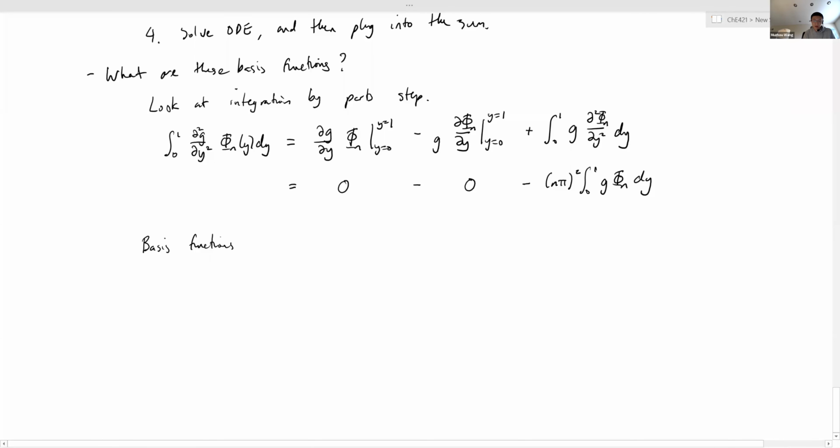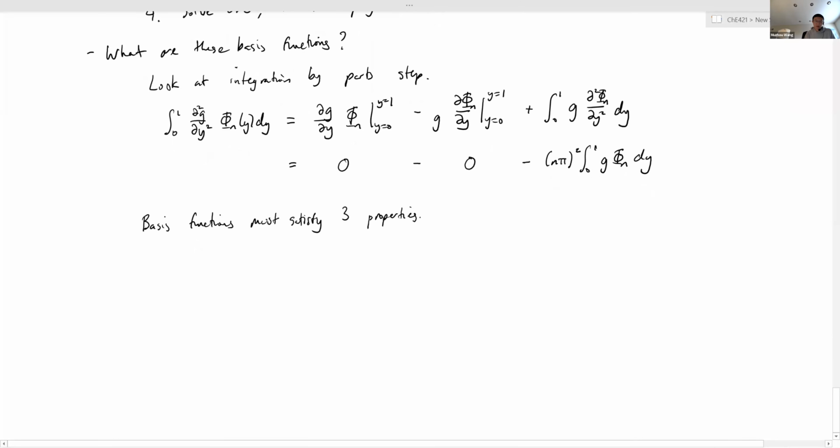Basis functions must satisfy three properties. Sorry, can't write today. Number one is they must satisfy what's called an eigenvalue problem.